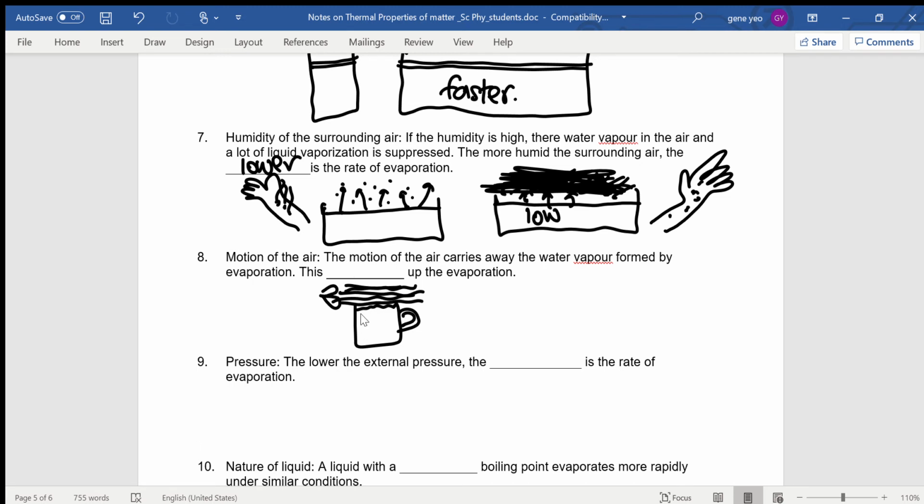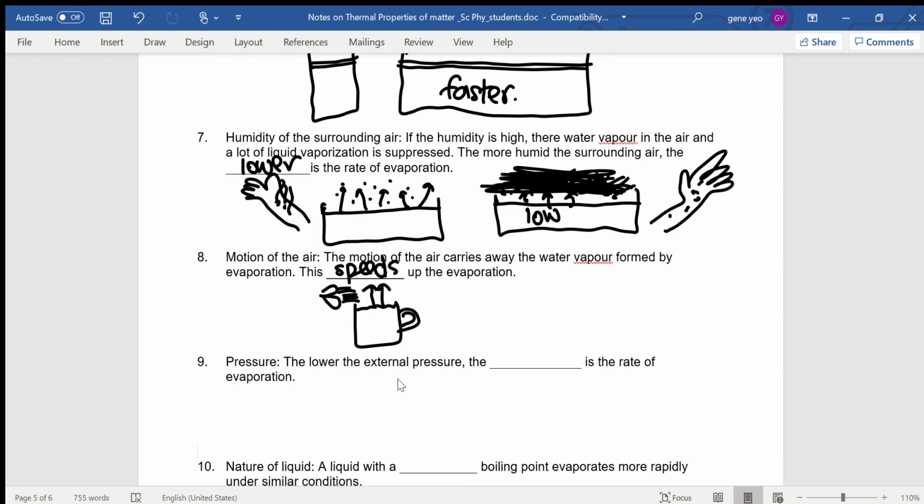When we do this, we are actually creating space above the liquid for the liquid to evaporate away. So when we blow across the surface of a liquid, we are increasing the rate of evaporation.